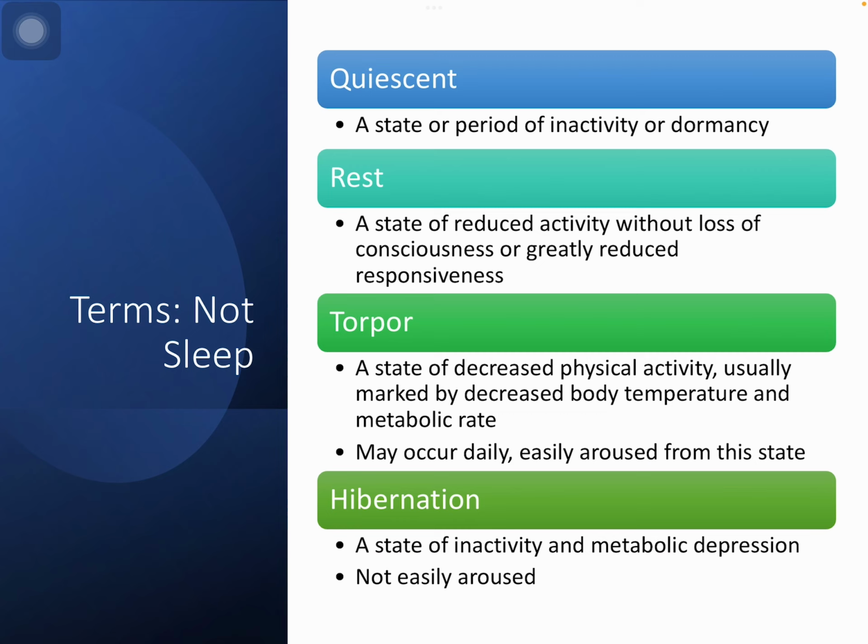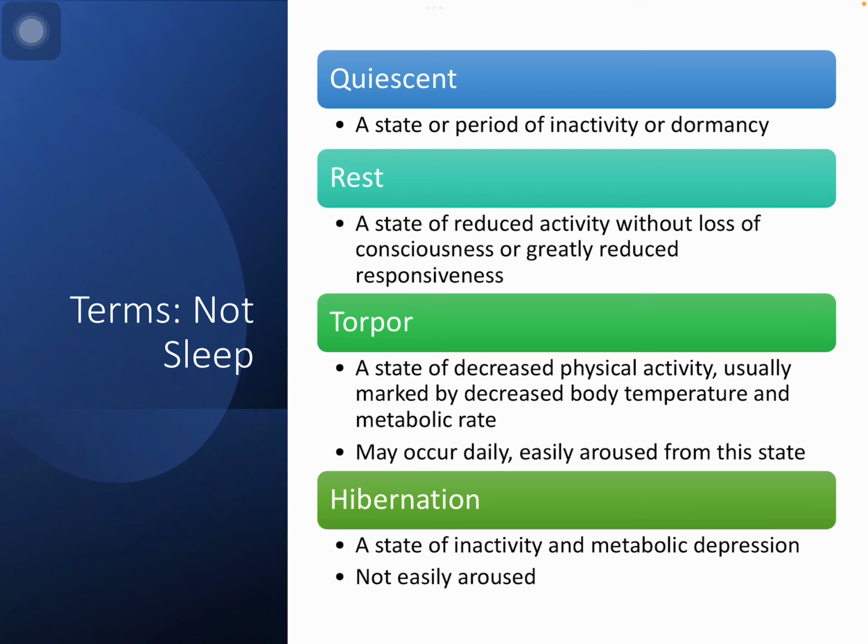So, the first one is quiescence. And so, this is a period of inactivity or dormancy that is a quiet state that an animal, or a species or an organism, might be in, that doesn't necessarily look exactly like sleep, but it looks like the animal is in sort of a quiet state.